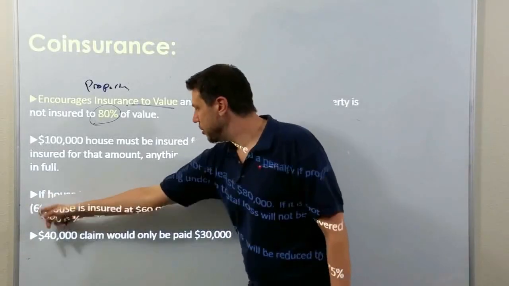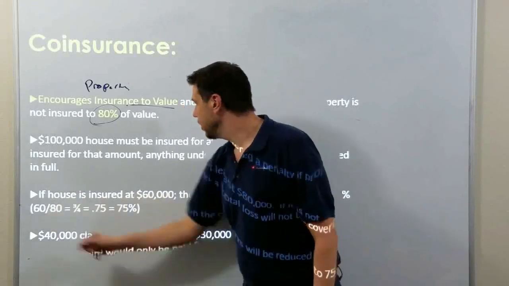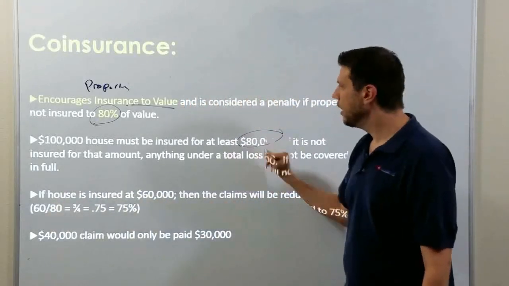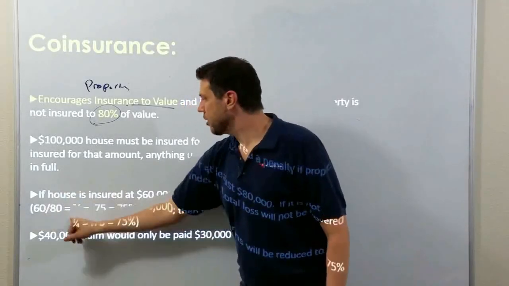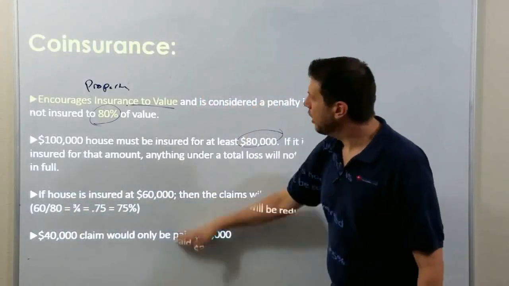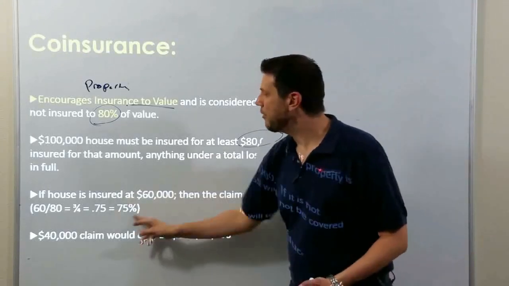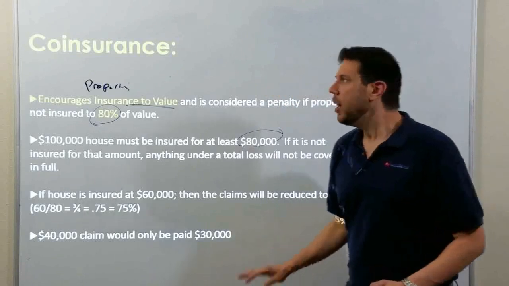The amount of insurance you have, that's 60, over the minimum required, that's 80. 60 into 80 is 3/4, that's 75%. So any claim under 60,000 is going to be reduced to 75% payout.